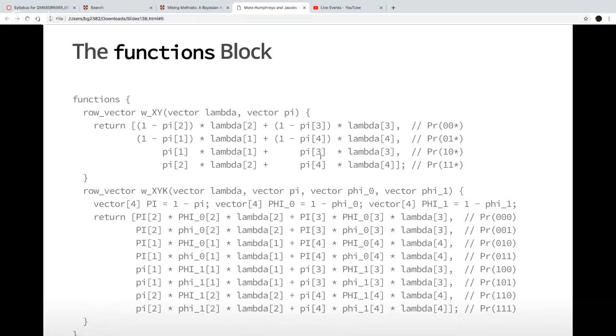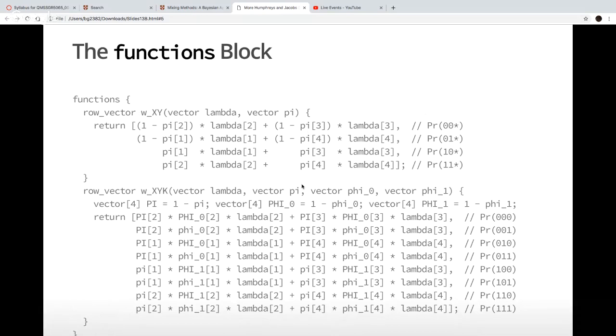So we need two simplex vectors, each a function of the lambdas and the pi in the first case, and the lambda, the pi, and the phis, the probability of observing the clue, in the second case. These expressions are the same ones that we saw on Tuesday.